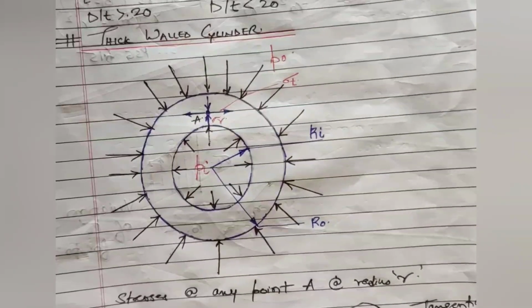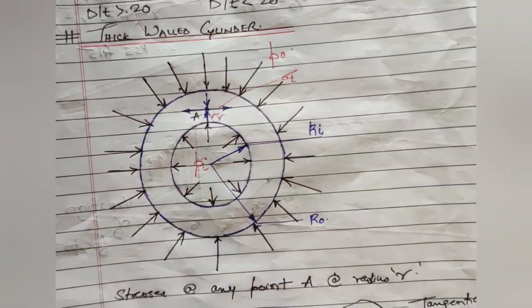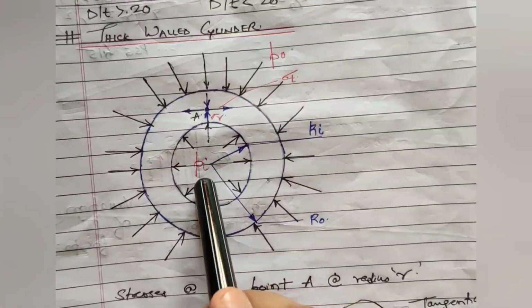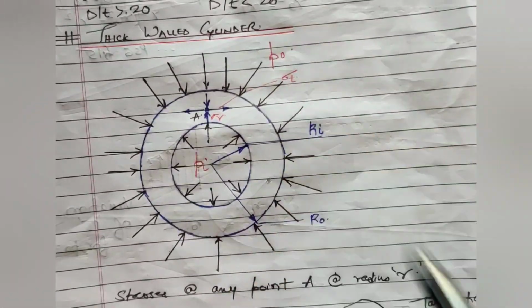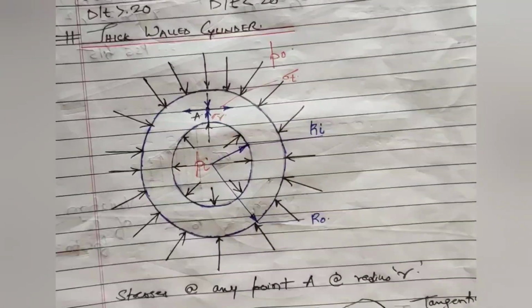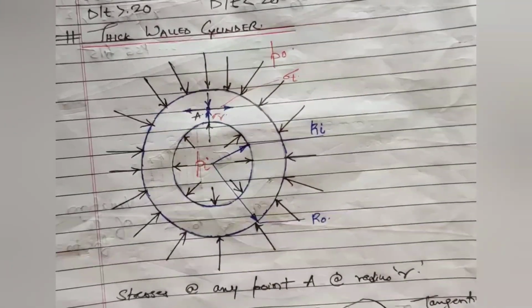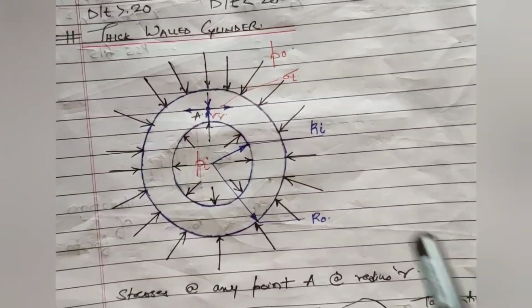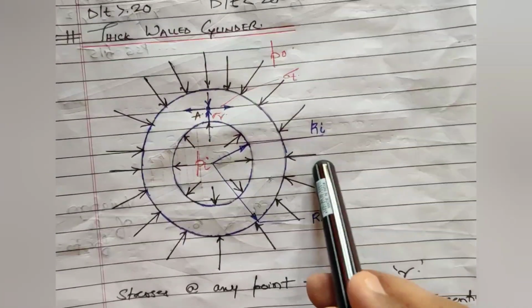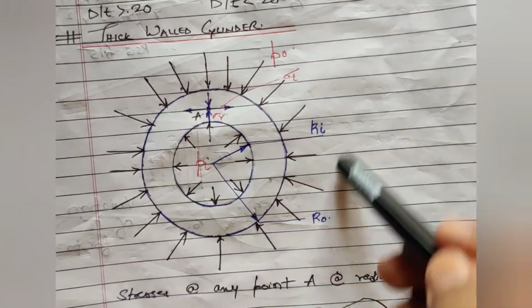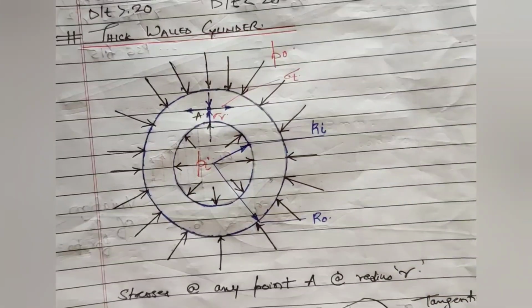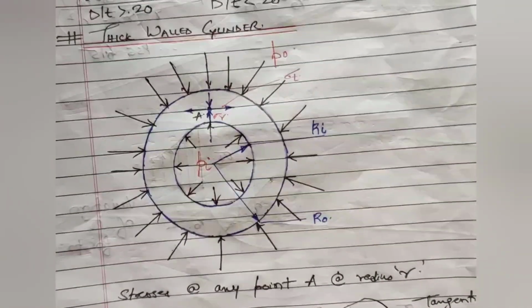In this case your thick cylinder is subjected to an internal pressure say Pi and to an external pressure say Po. This can be a case of a heat exchanger tube where the inner tubes will carry fluid at certain pressure and on the outer side they will be surrounded by the other fluid to take away the heat.